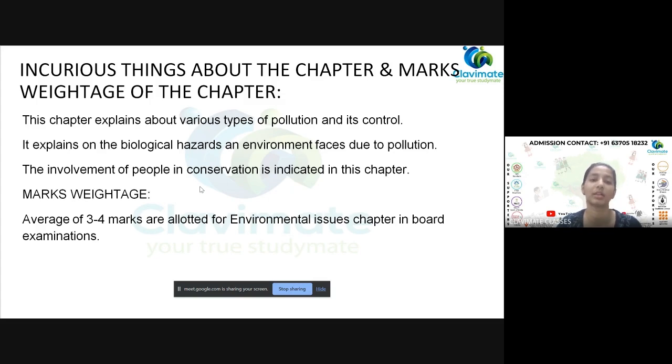And third is conservation: how we can treat the garbage properly and dispose of it properly. The average is about 3 to 4 marks in the board examinations.